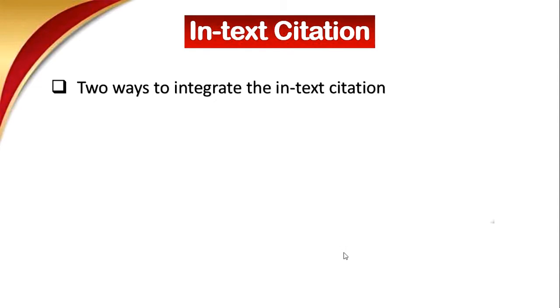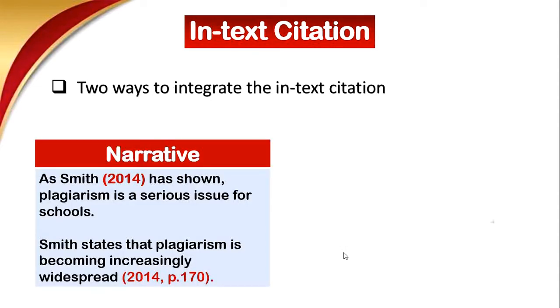There are two ways to integrate the in-text citation. First one is narrative. When you give the narrative citation, you have to give the citation just after the author's name. Here you see in the first example, as Smith, the author's name is given, then exactly right after the author's name the citation is given, the publication year 2014 is shown.